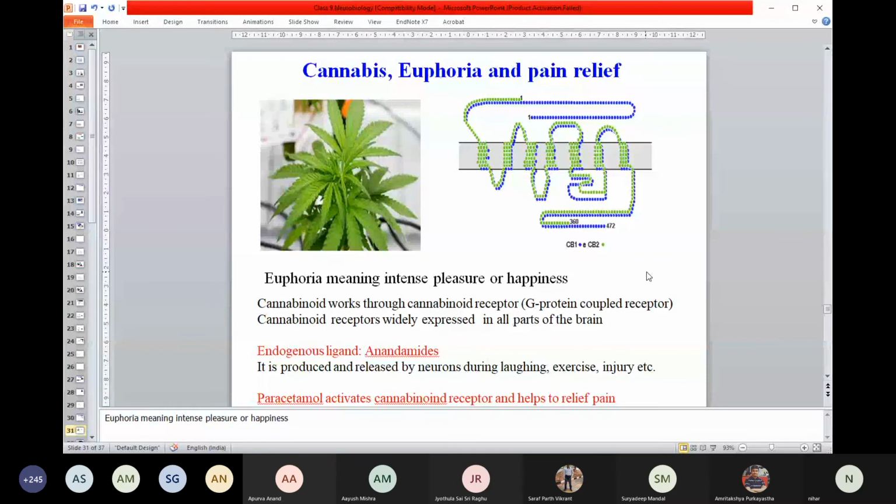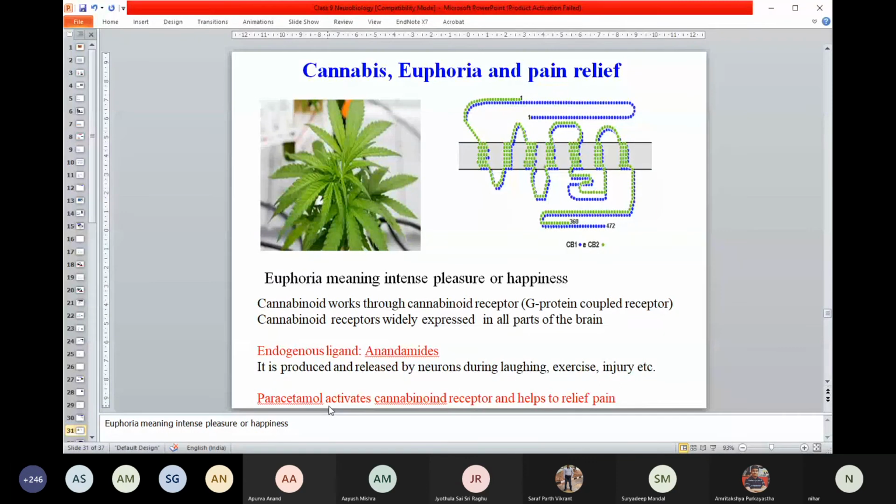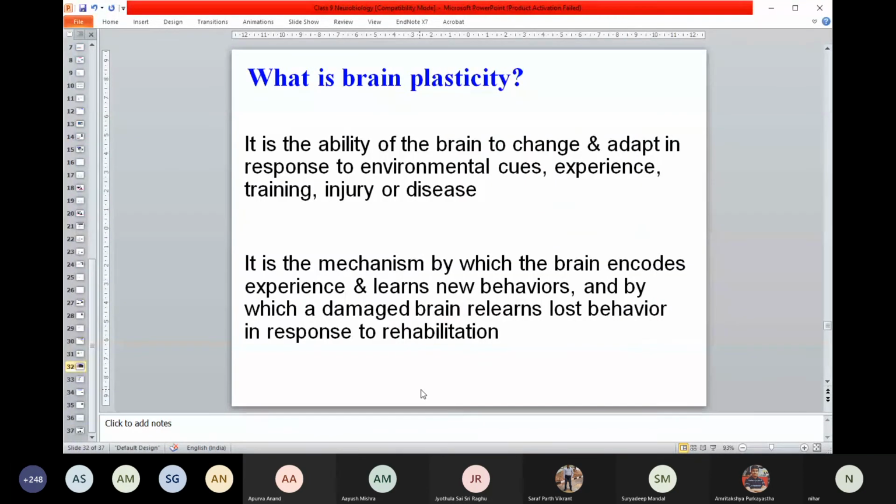And I'm sure all of you use it. What is more interesting for you to know is that paracetamol also activates the cannabinoid receptor and thereby helps to relieve pain. When you take paracetamol, your pain is relieved. One of the reasons is that it binds with the cannabinoid receptor and activates it. So this is what it is.